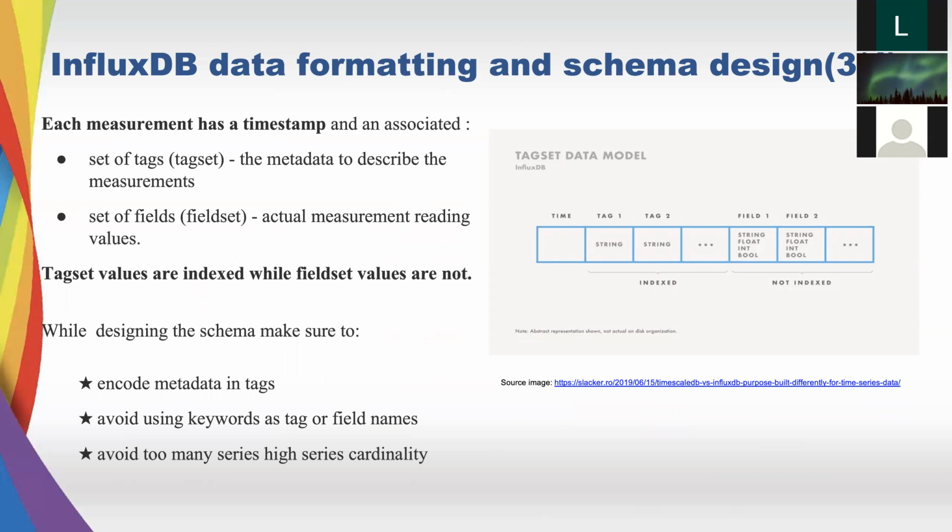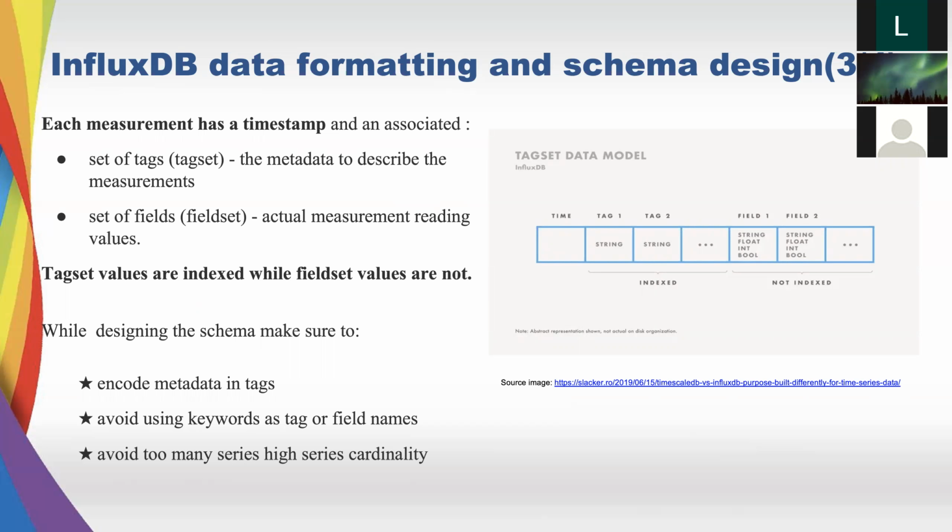In the InfluxDB data model, each measurement has a timestamp which is associated with a set of tags and a set of fields. The field set represents the actual measurement reading value, while the tag set represents the metadata to describe the measurement. Tag set values are indexed and field set values are not.